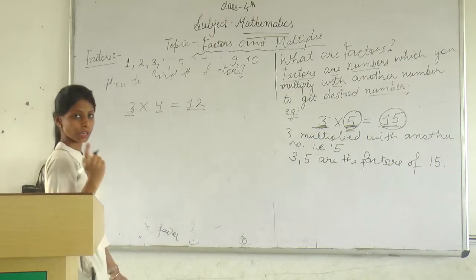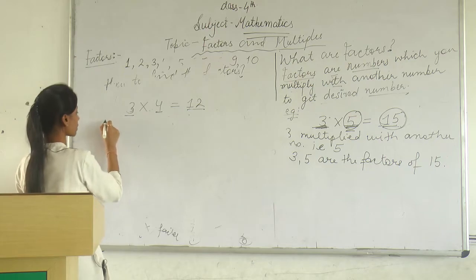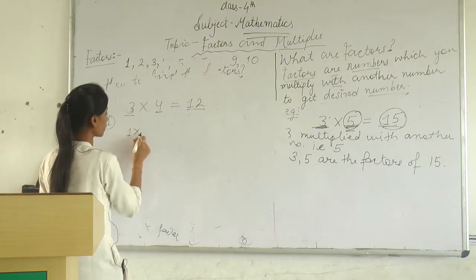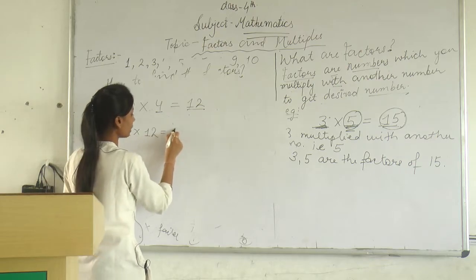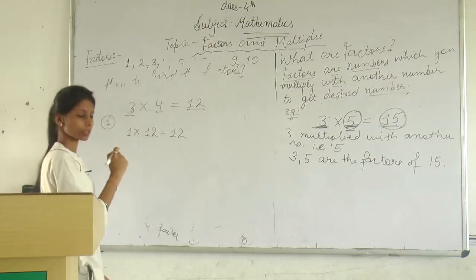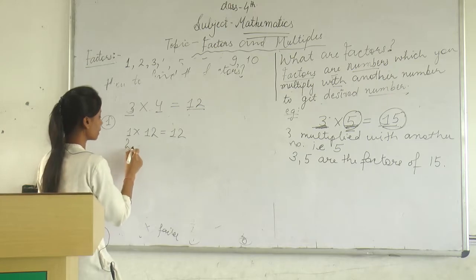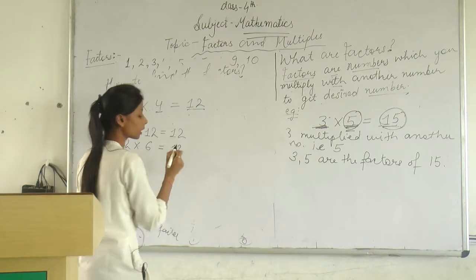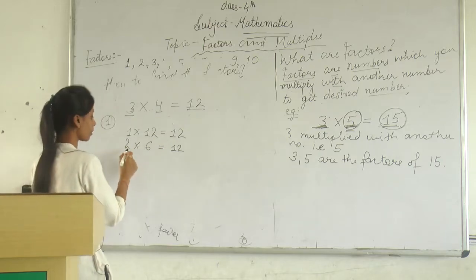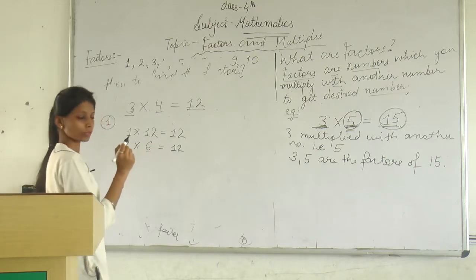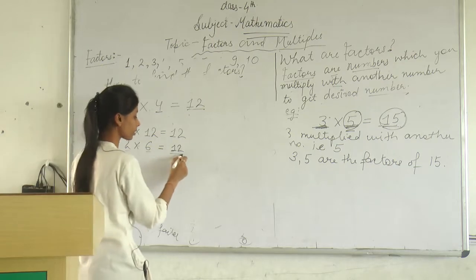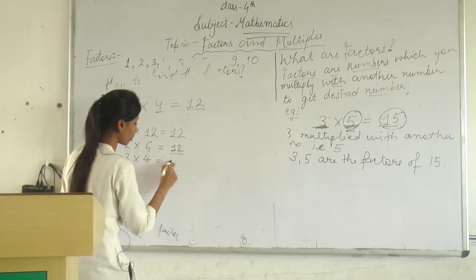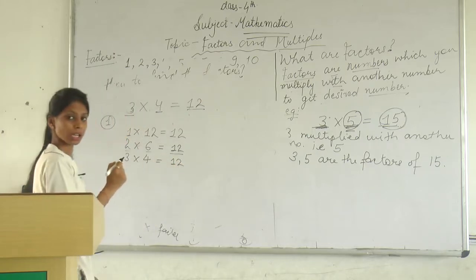Starting from the smallest number, we have the smallest number 1. If we multiply 1 with 12, it gives me the desired number, that is 12. If I multiply 2 with 6, it also gives me the number 12. If I multiply 3 with 4, it also gives me the product 12.